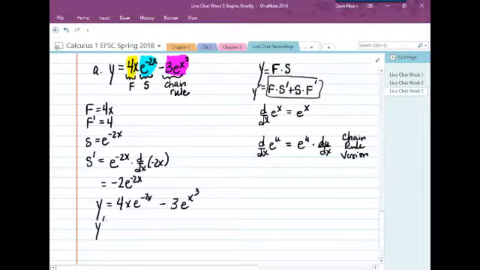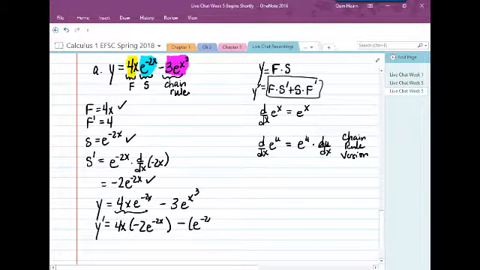Then y prime is going to be, focusing on this part first, the first function f, which is 4x, times the derivative of the second function, which is negative 2e to the negative 2x, minus the second function, which is e to the negative 2x, times the derivative of the first, which is just 4.